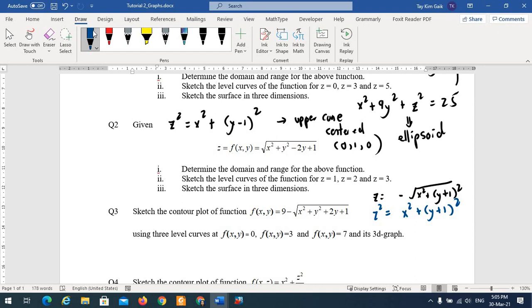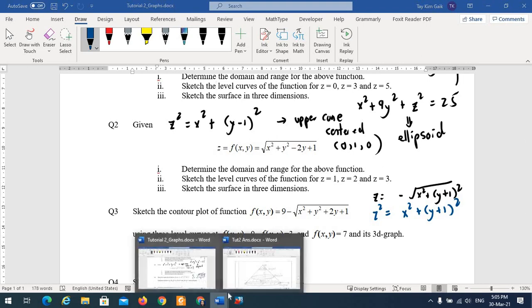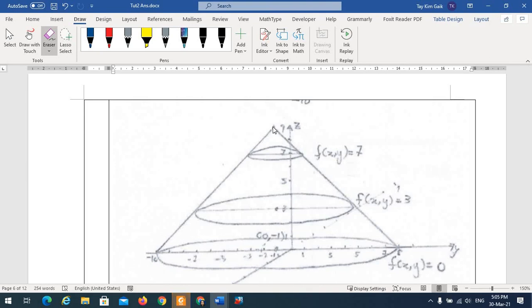So this is a double cone, because the equation z squared equal x squared plus (y plus 1) squared is similar to question 2. And now, if you ignore the 9 first, z equal negative cube root of x squared plus (y plus 1) squared. This is a cone, the lower cone. This will be the lower cone, but the maximum point is at z equal 9.